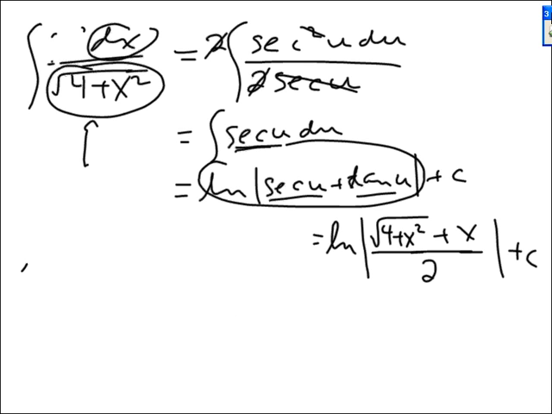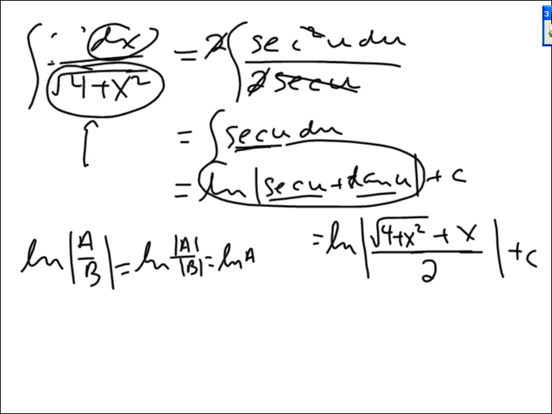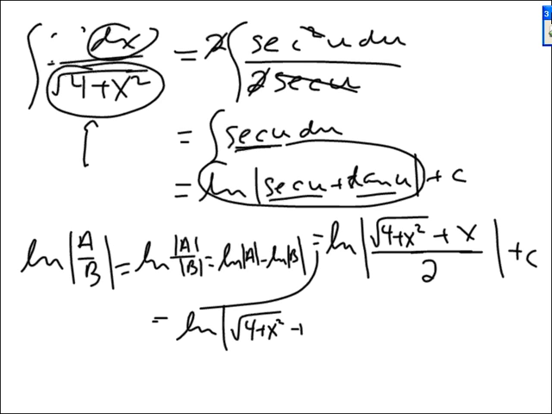Well, it used some property of natural logs. ln of a fraction, even in absolute values, well, that's the same as ln of absolute value of a over absolute value of b. ln of a fraction is ln of the top minus ln of the bottom. That is, this is equal to ln of the top, the square root of 4 plus x squared plus x, minus ln of the bottom, plus c.